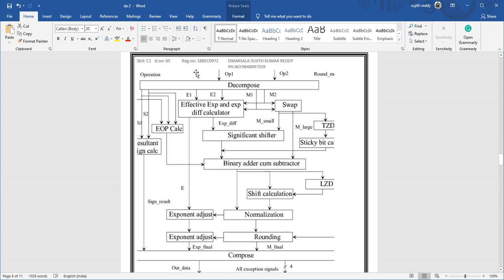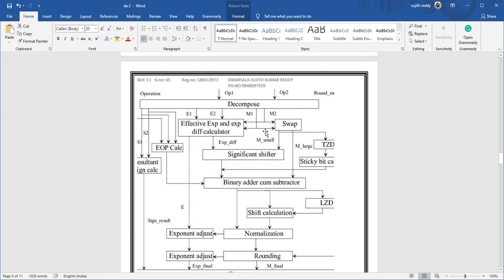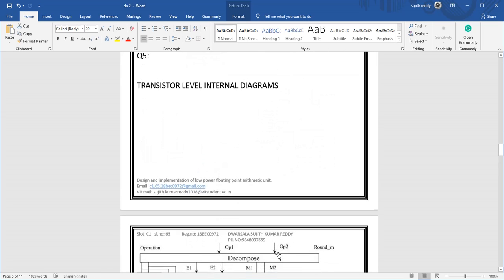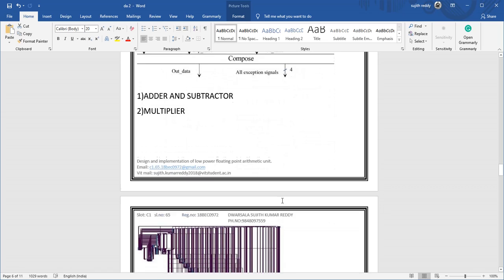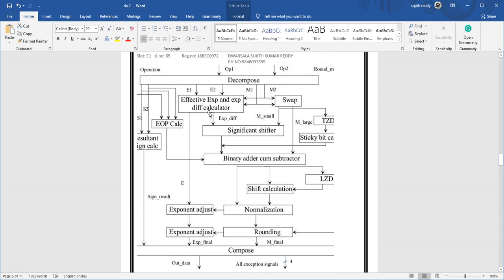Here you can see the operation decomposition and how the flow of the process happens: E1, E2, M1, M2, EOP calculation, significand shifter, binary adder, subtractor, shift calculator, normalization, adjustment. Here is the flow diagram of the transistor level internal diagram, which was provided in the paper itself.